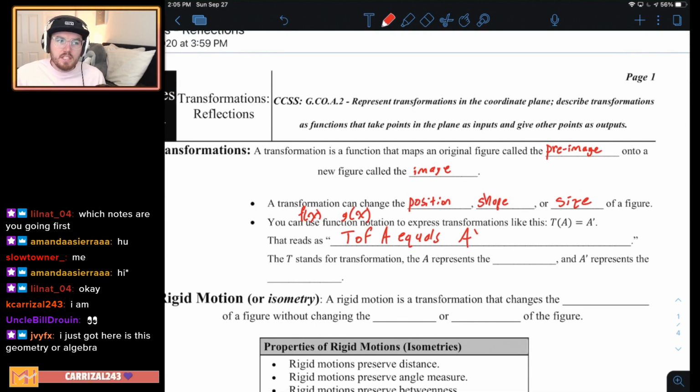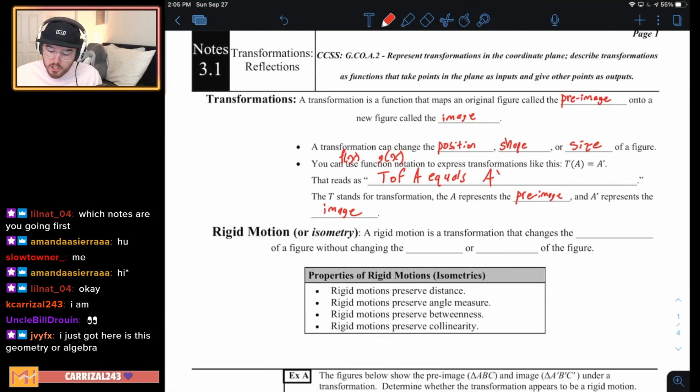Well, this is a transformation. T stands for the transformation, A represents the pre-image, and A prime represents the image. That little prime means this is the new thing, the after. So before you do anything, you have figure A, B, C, and after you do something to it, you have A prime, B prime, C prime. That little apostrophe is called prime.